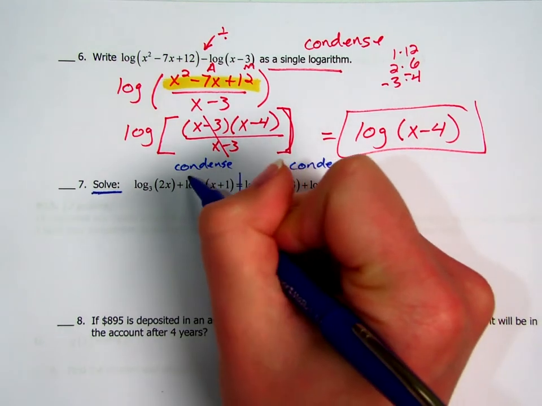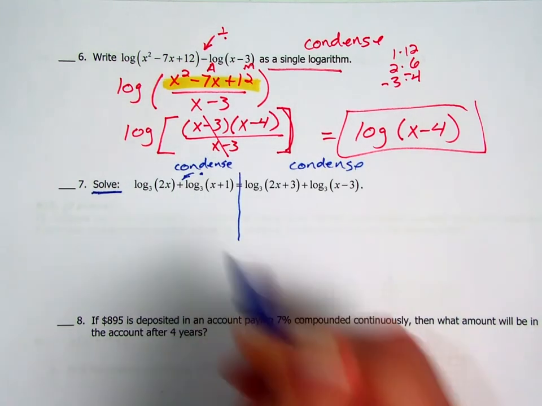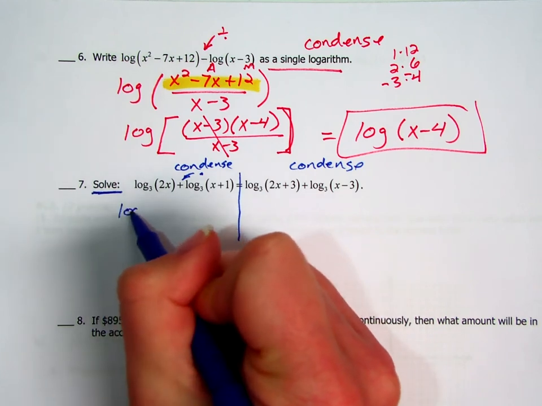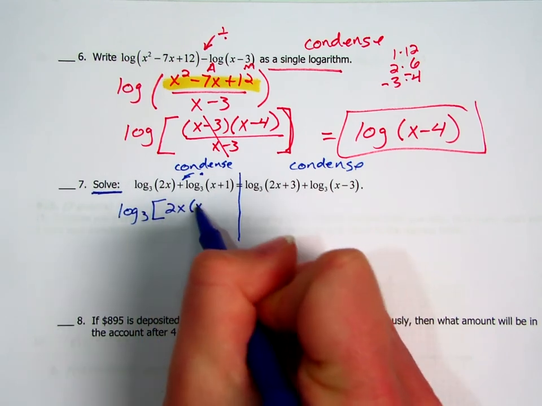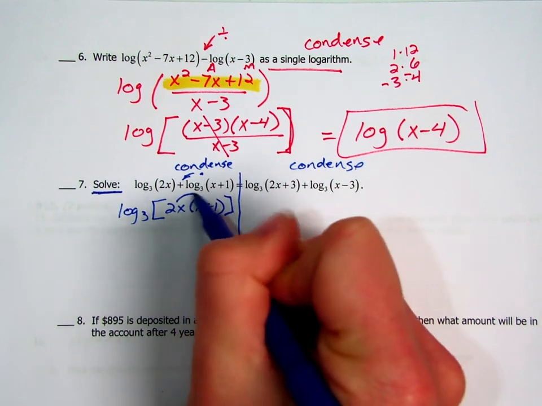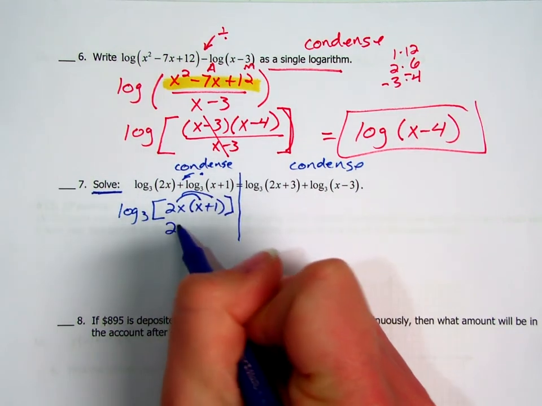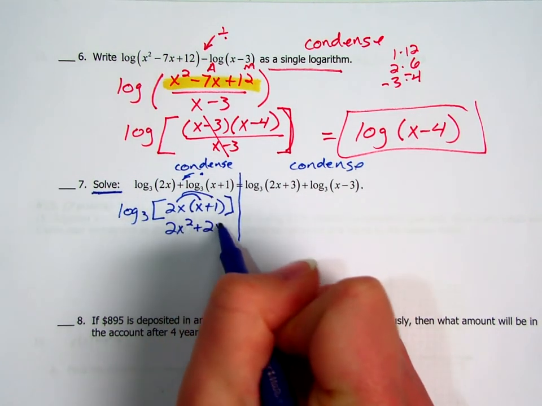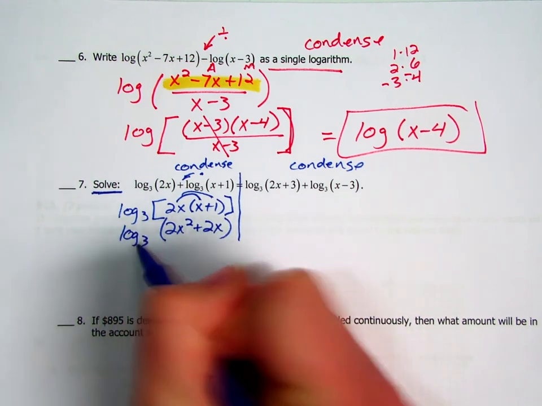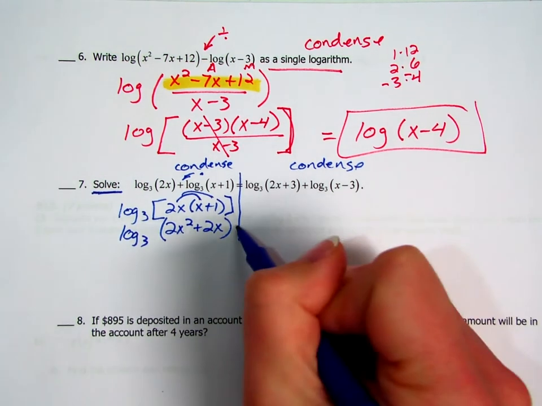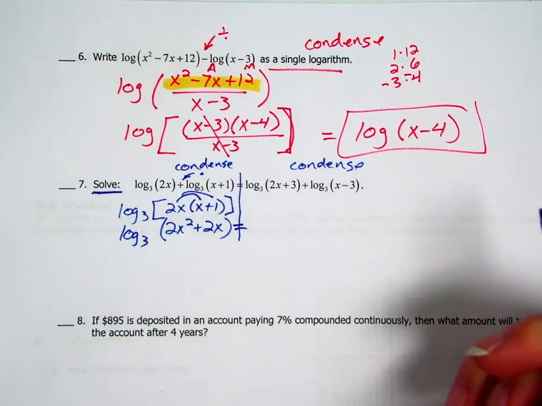Now, in this case, there's a plus sign, which tells me I'm going to need to multiply them. So really, this side is log base 3 of 2x times (x plus 1). So then I can distribute this in to get 2x squared plus 2x, and log base 3 of that. So now this side is condensed, and it will equal whatever I get when I condense this side.